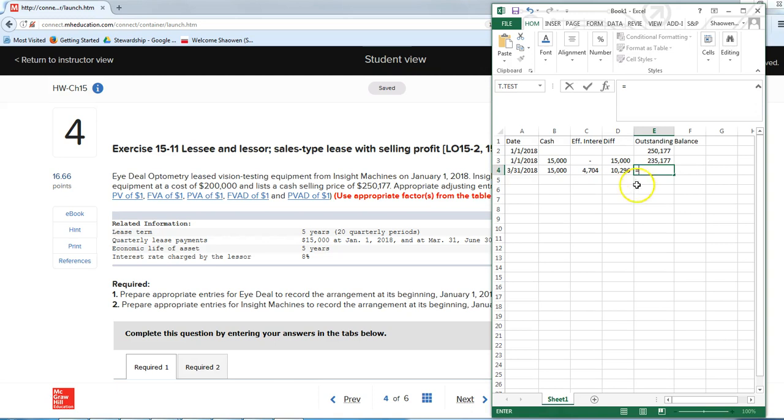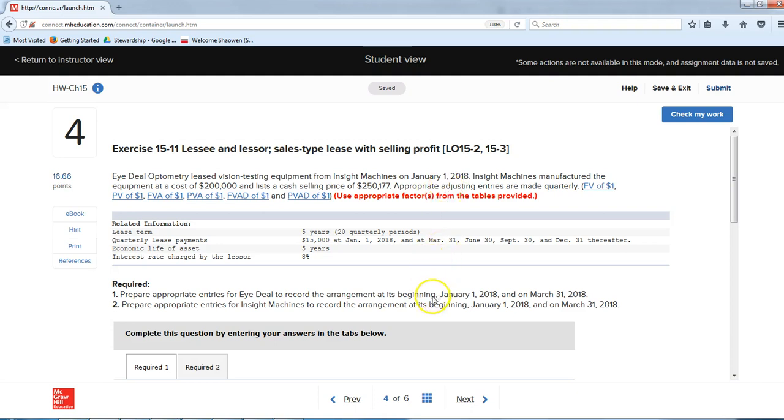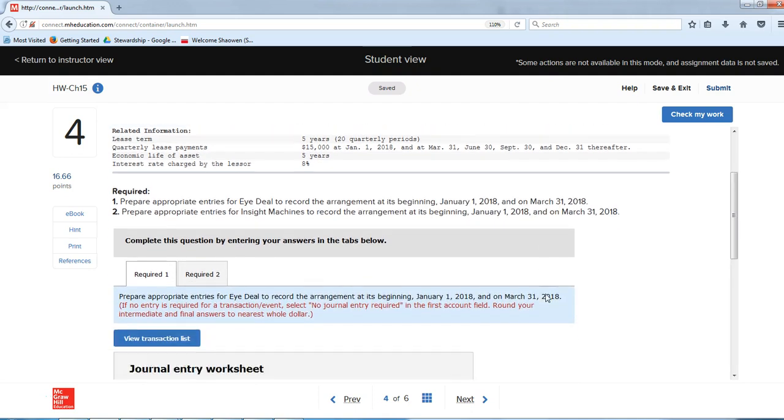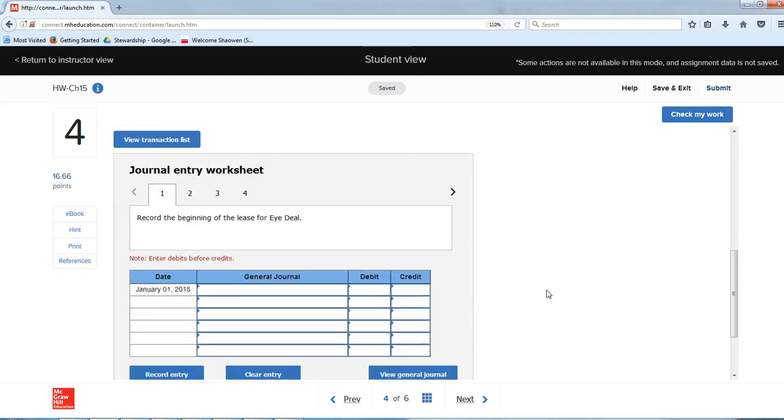And this difference reduces the lease payable for lessee and reduces lease receivable for lessor. They only ask us to do journal entries on January 1st and March 31st, so we will stop the amortization table there.